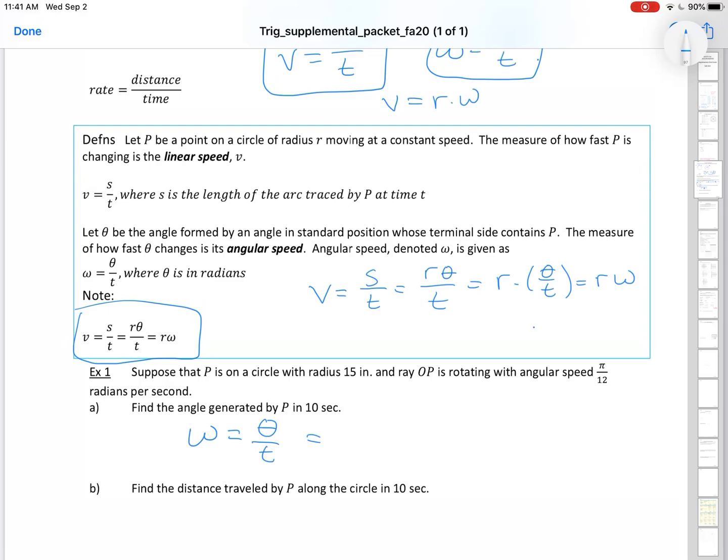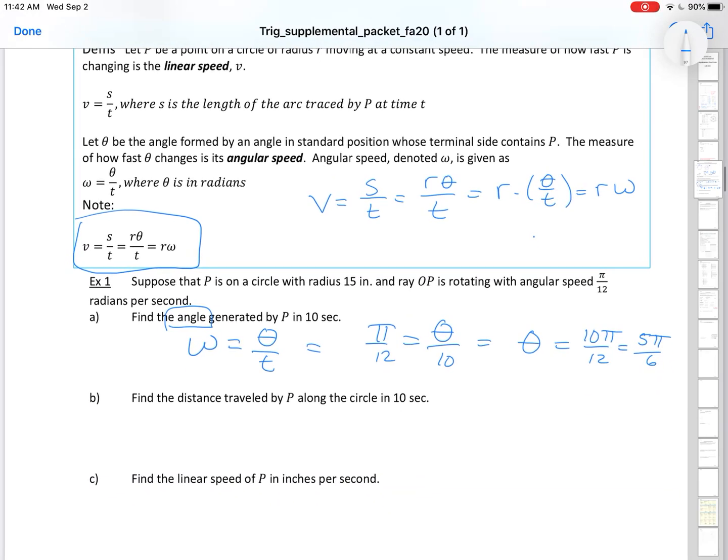So the angular speed is pi over 12. And the rotation angle, we don't know. That's what they want. They want the angle generated in 10 seconds. And so we just multiply by 10, and we get theta is equal to 10 pi over 12. Or they'll reduce that down to 5 pi over 6. That's the angle movement in that 10 seconds, 5 pi over 6.